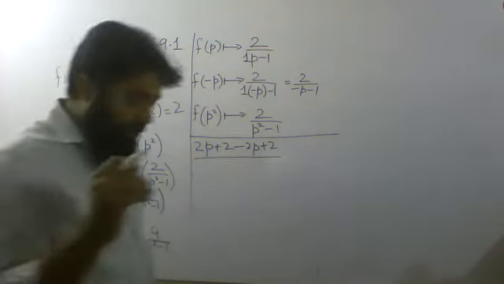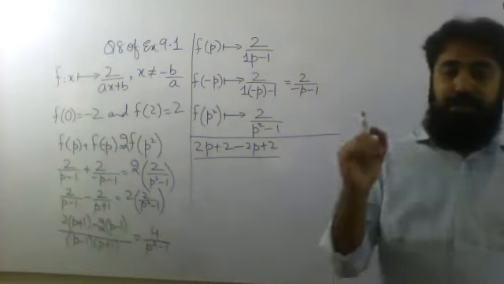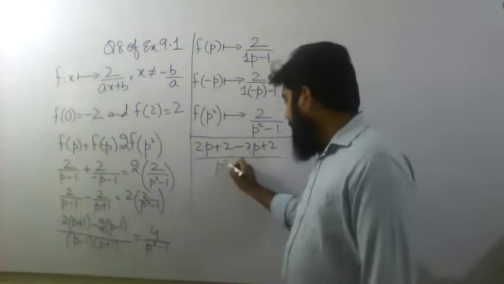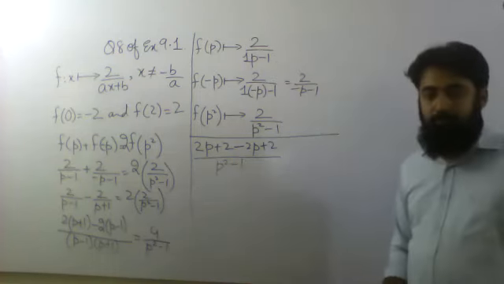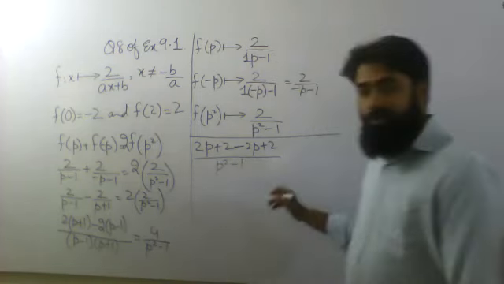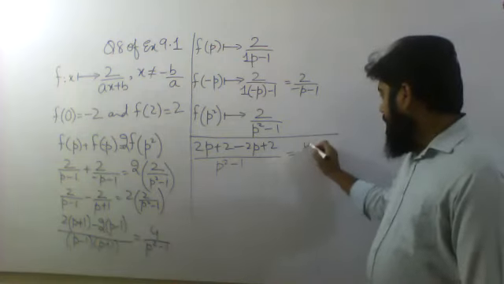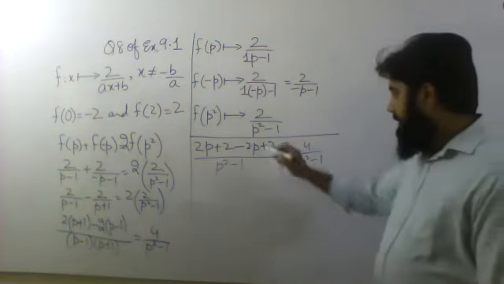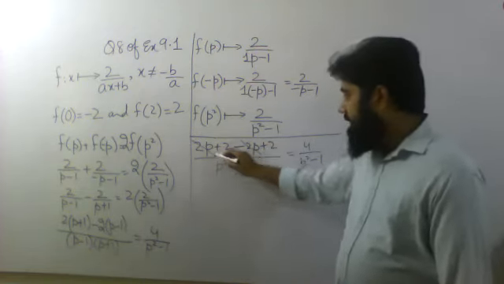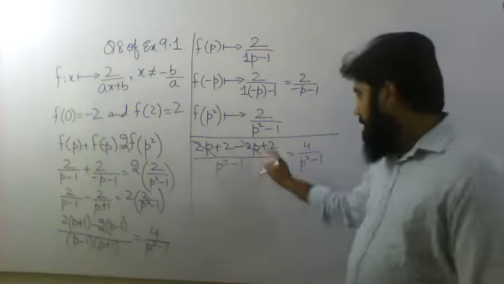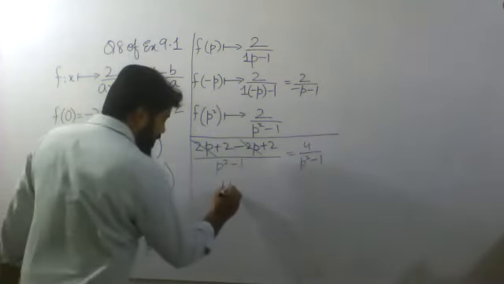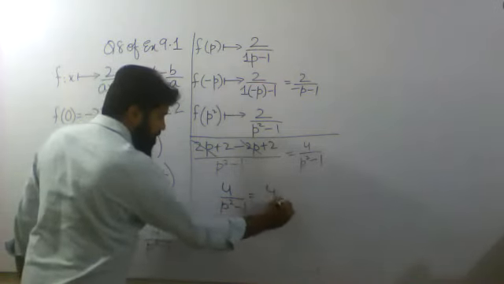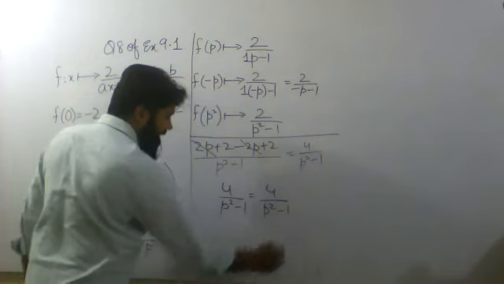I am applying the identity, that is a minus b into a plus b. So the result will be p square minus 1 and everything is equal to 4 over p square minus 1. Simplifying it, this and this will be cancelled. So 2 plus 2 is 4 over p square minus 1 equals 4 over p square minus 1.